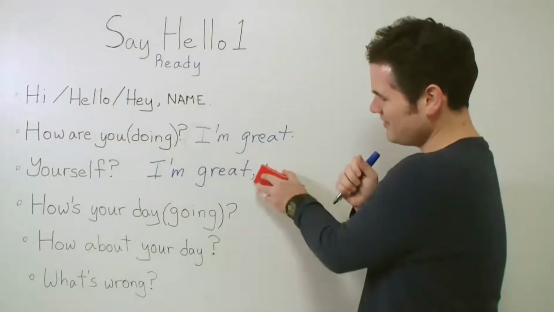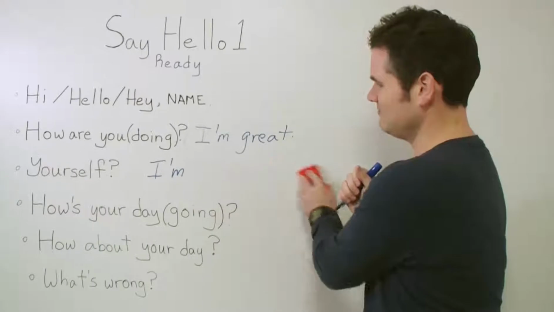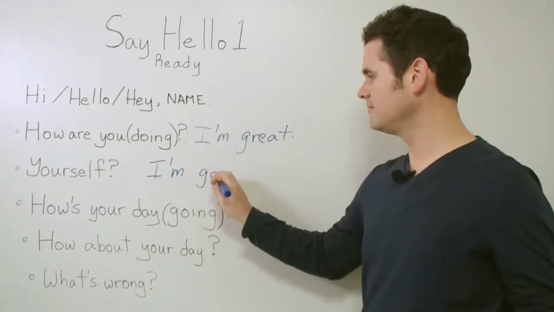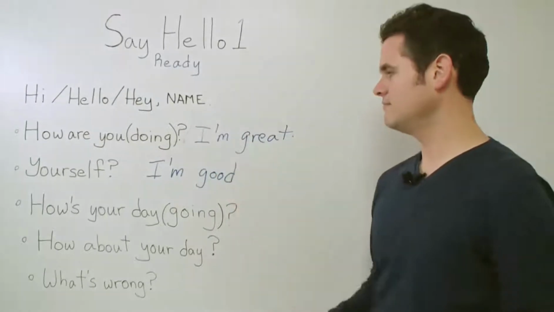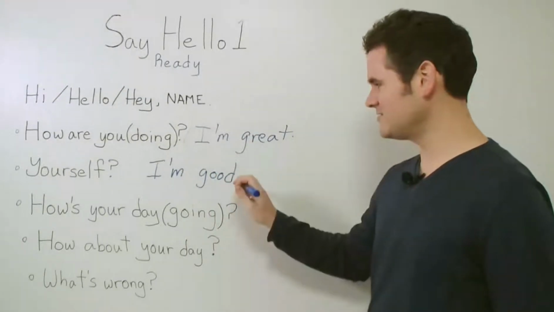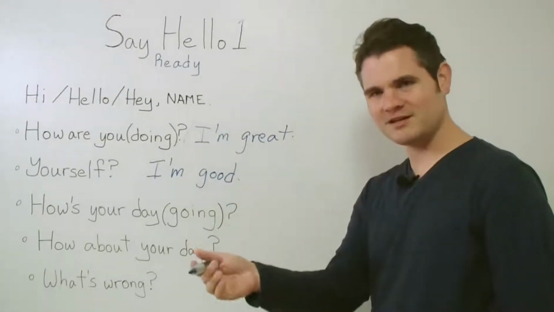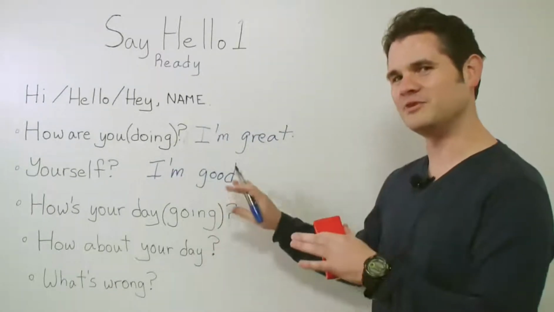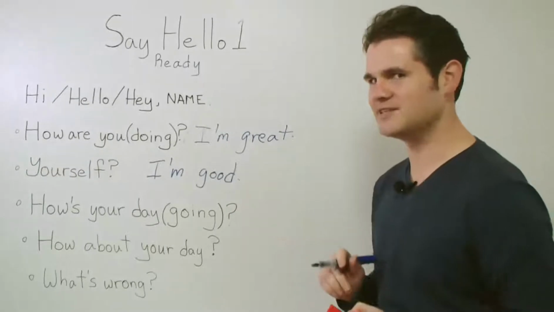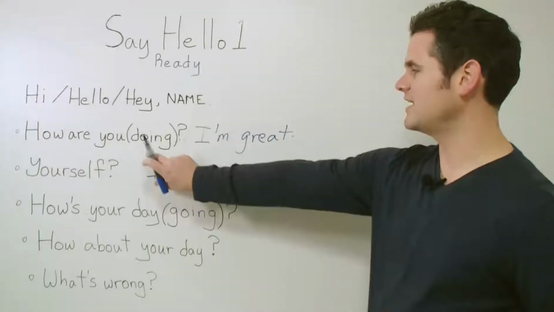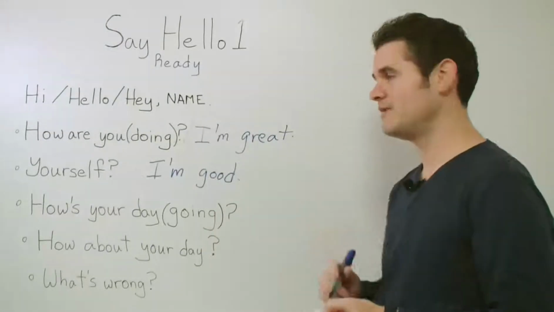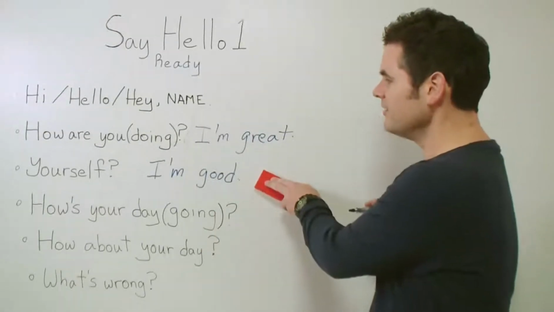Now, if the person says, I'm good, typically, it's just the end of the sentence there. I'm good, you're great. So you technically don't really need too at the end of this statement. But if you're going to say I'm great, add the adverb too at the end of the answer.